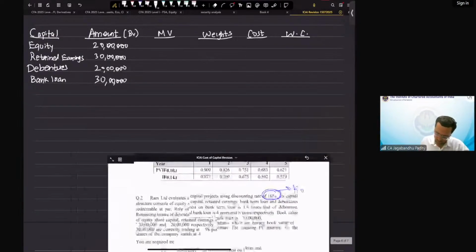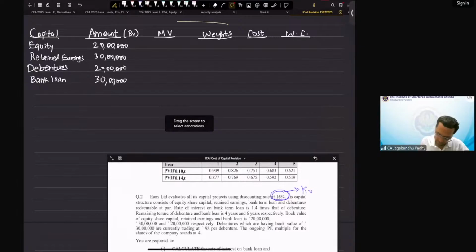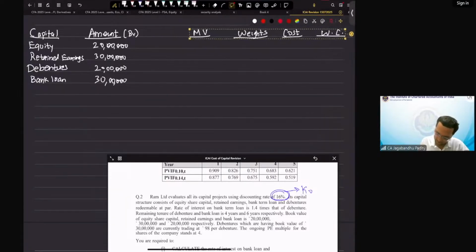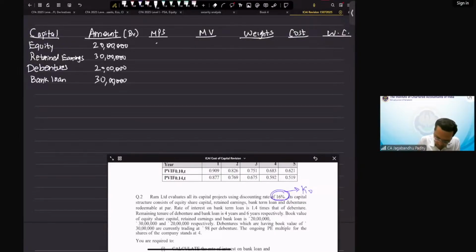Now, we need to have the market price per share. Equity, we don't know what the market price is. Retained earnings, obviously, market price is not applicable. For debentures, the current price is 98.